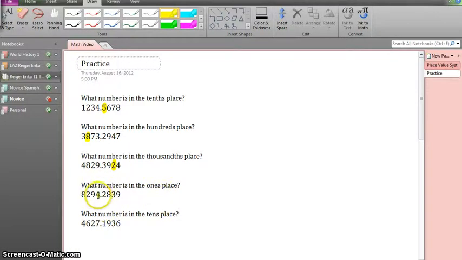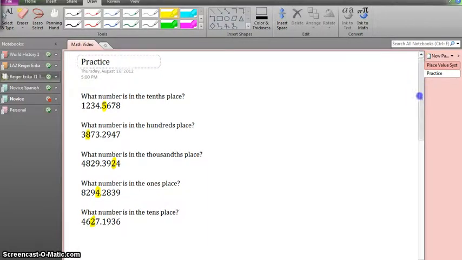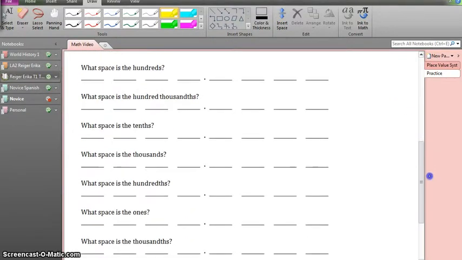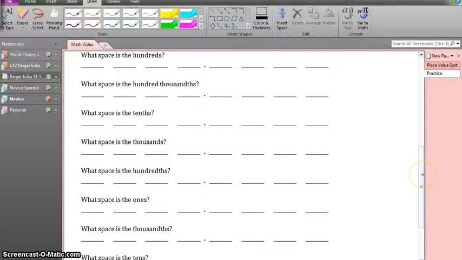Four is in the ones place because when you count to the left of the decimal, you go one place to the left, and it's 4. What number is in the tens place? Now 2 is in the tens place because when you go 2 places to the left, it goes ones, tens. Now we're going to go down here.